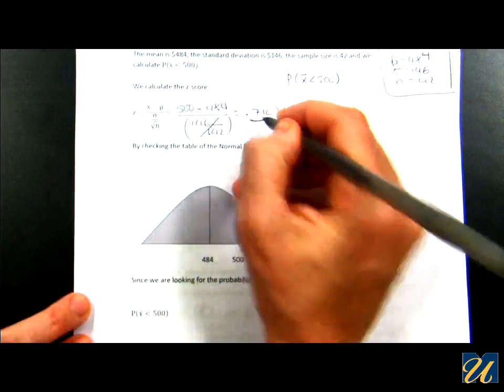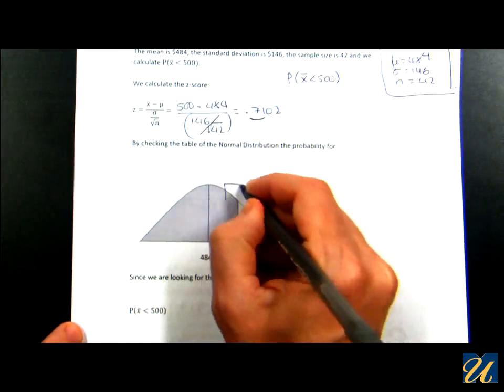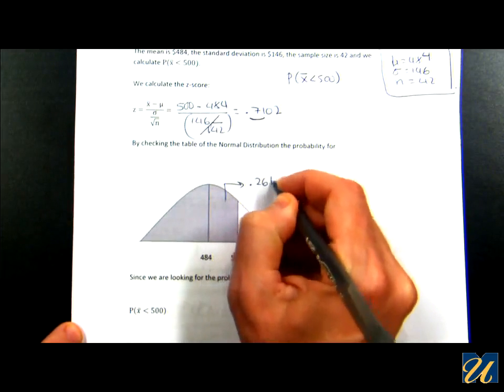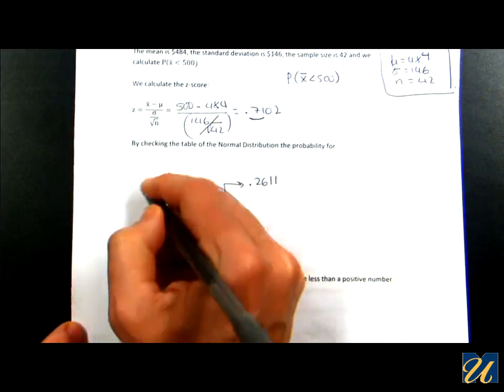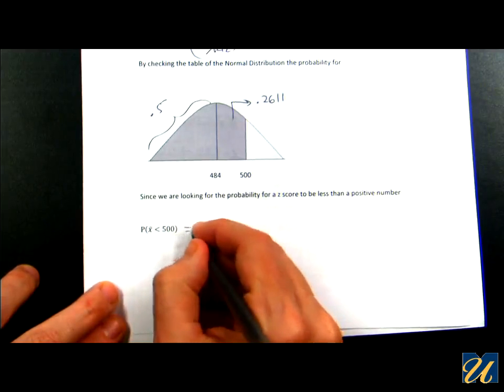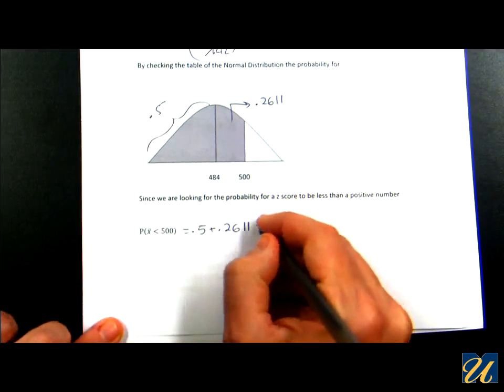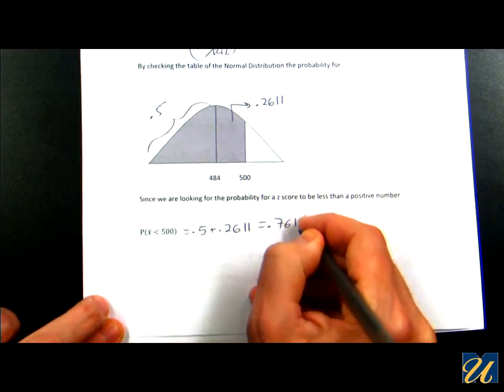We round up to 2 decimals. 0.71 will give me a probability of 0.2611. This area is 0.5. So to find the probability of X bar to be less than 500, I will do 0.5 plus 0.2611, and this will be equal to 0.7611 for the probability.